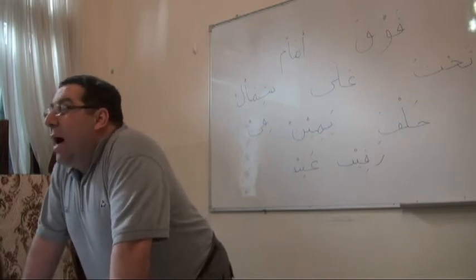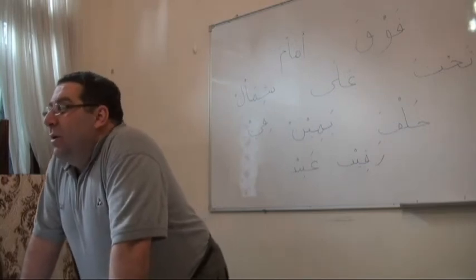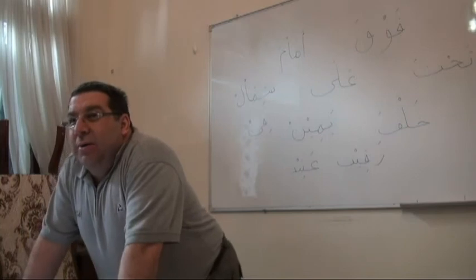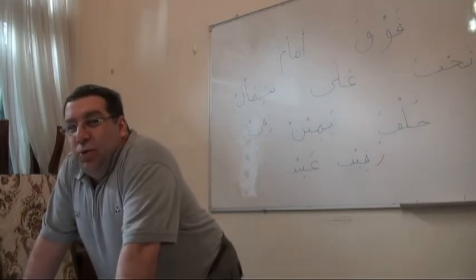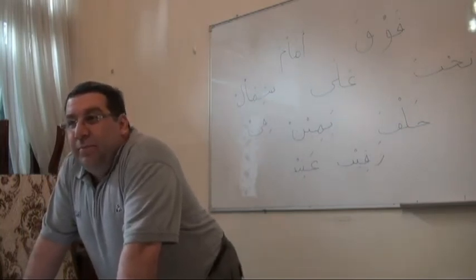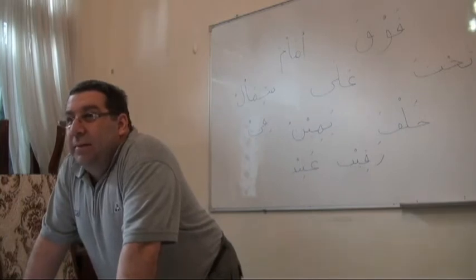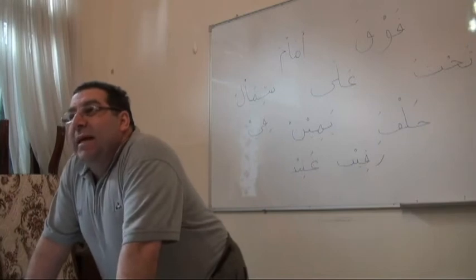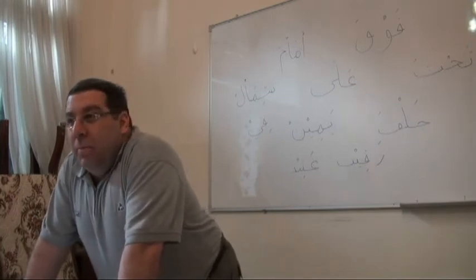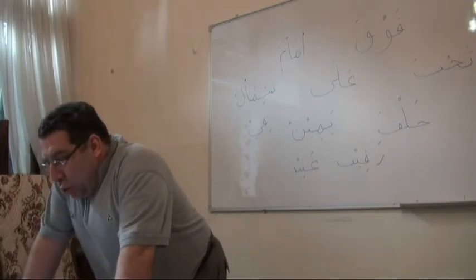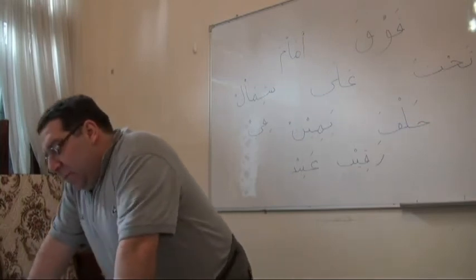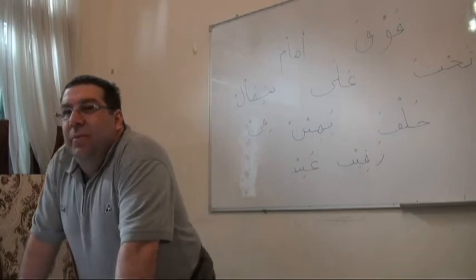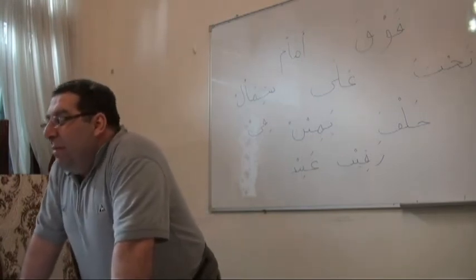Okay? سعره. So if I am talking about feminine thing, so what I say, its price, feminine. Yes, سعرها. And if I am talking about they more than two male, masculine, yes, سعرهم. Okay? سعره 300.